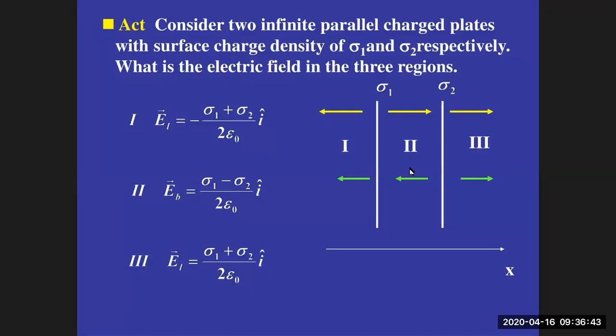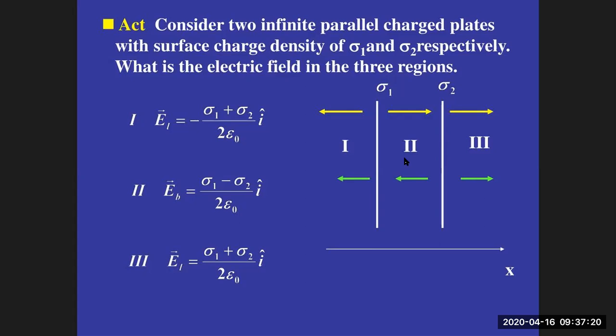So first of all, we find the electric field due to the first plate. At this point, the electric field due to the first plate will be directed along the positive x-axis, that is in this direction. Therefore, the electric field due to this plate at this point will be E1 equal to sigma upon 2 epsilon naught I cap, positive.